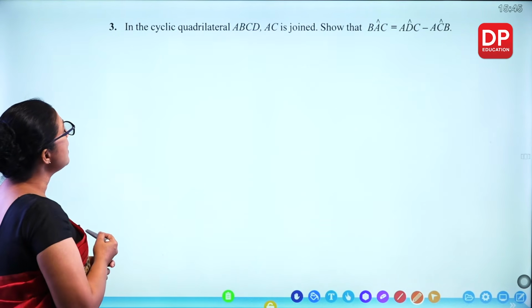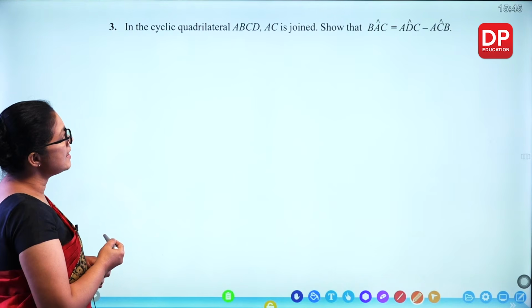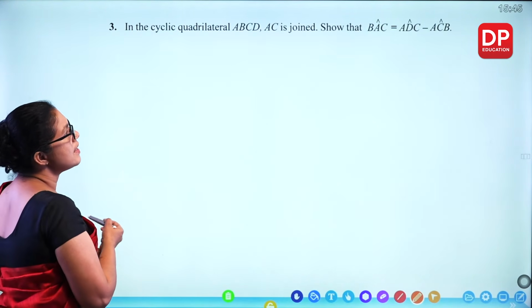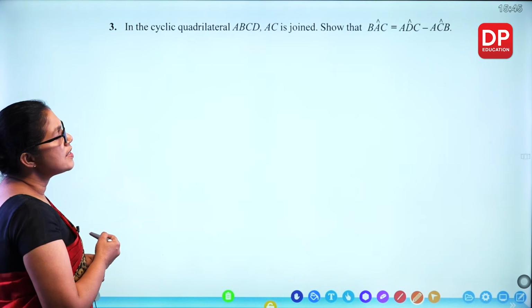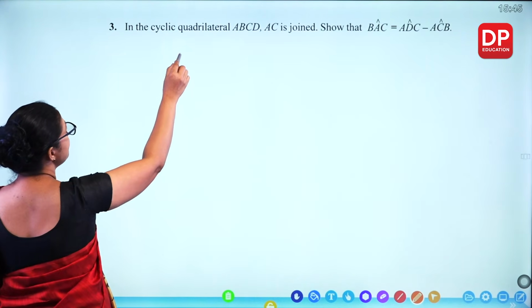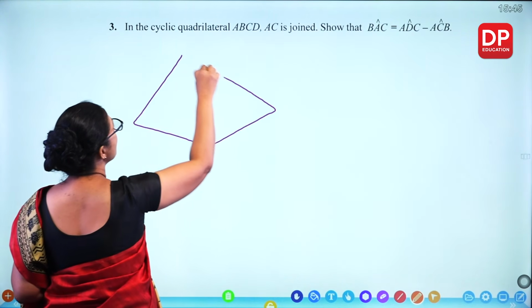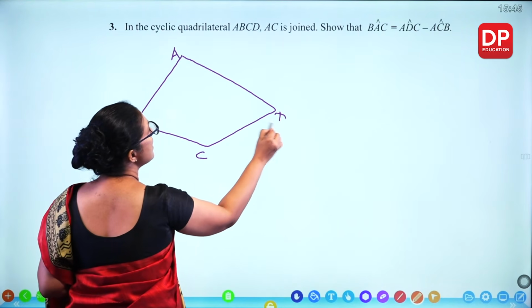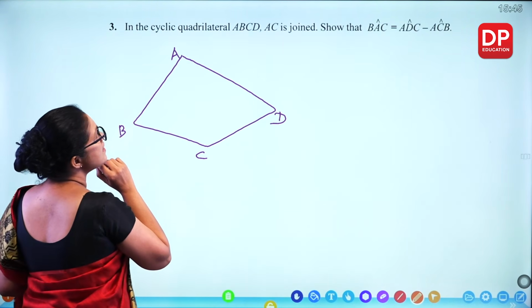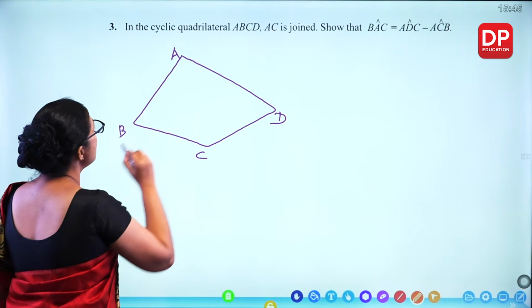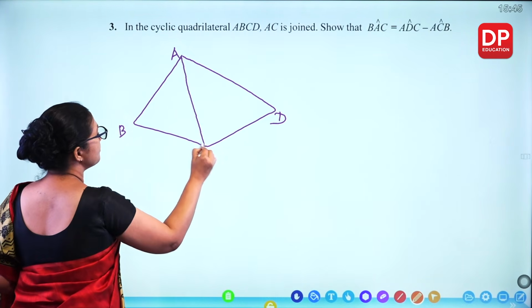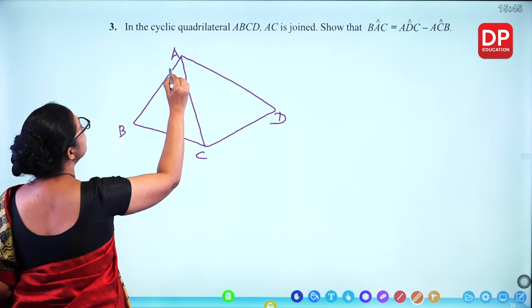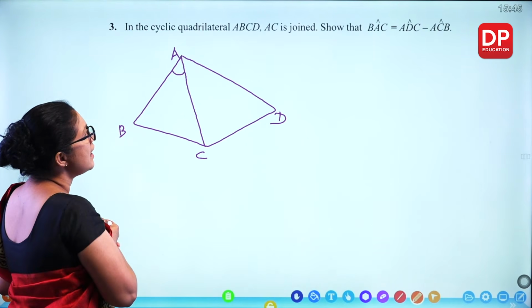Question number 3. In the cyclic quadrilateral ABCD, AC is joined. Show that BAC is equal to ADC minus ACB. BAC is this angle.